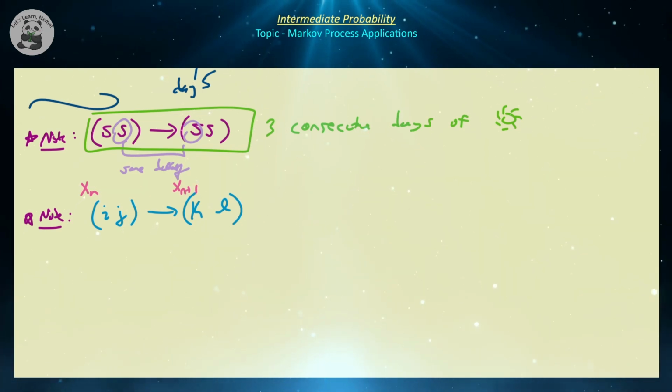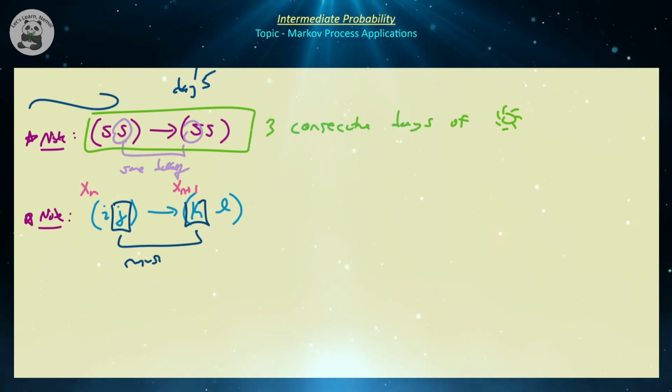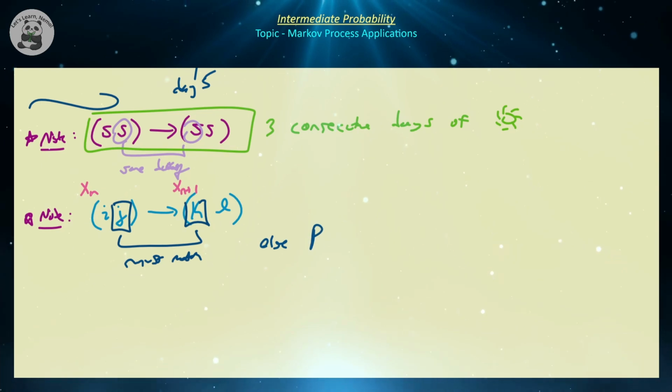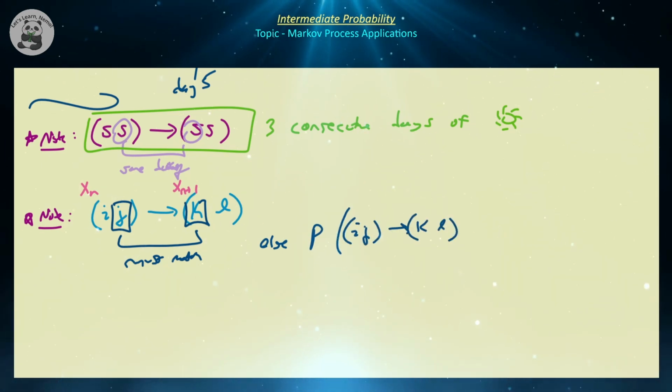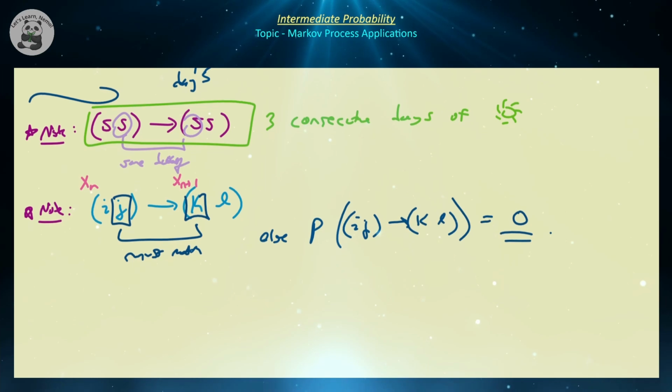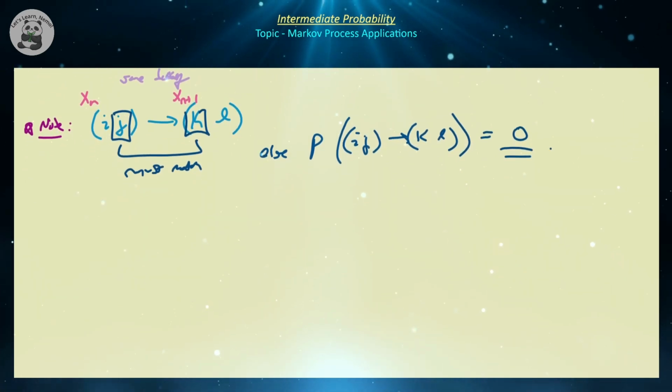One thing that must be true is that j and k must match. Else, the probability of transitioning from ij to kl will be equal to 0, because we can't change history. So once we have that, now we can build our stochastic matrix.